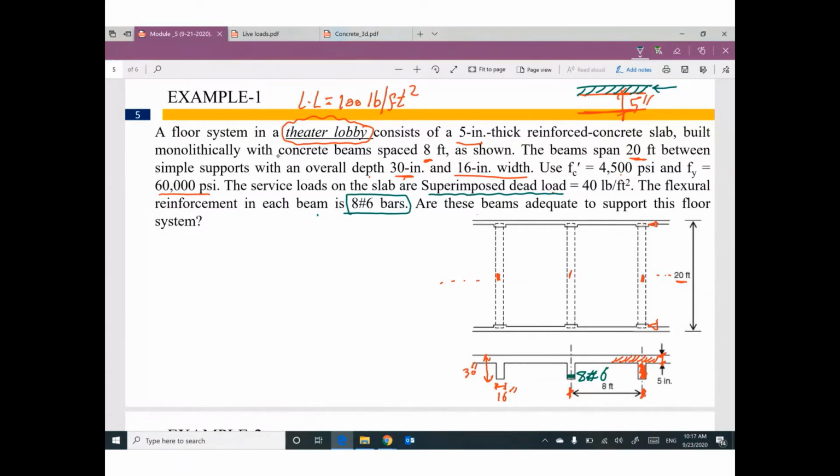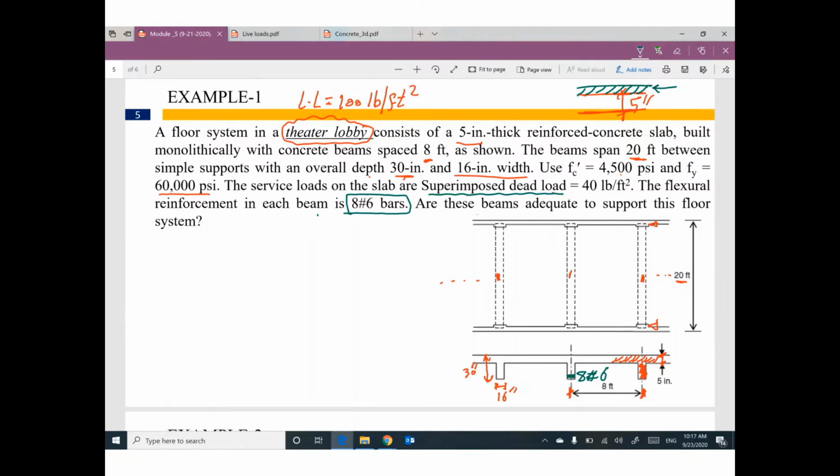Do you think these beams are adequate to support this slab or this floor system? Because your cross section is given, your steel reinforcement is given, the loading is given, everything is given. So the question is, yes or no, are these beams adequate to support this floor system?